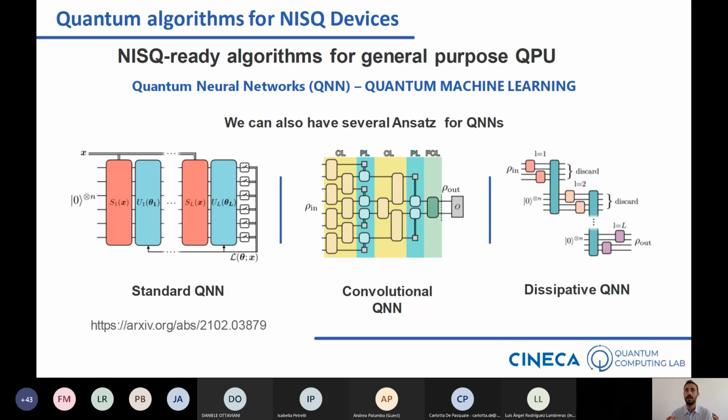People right now have tried what I told you: they use one qubit for every feature, for every element of your vector, which means if your vector has 10 elements, you have 10 qubits.